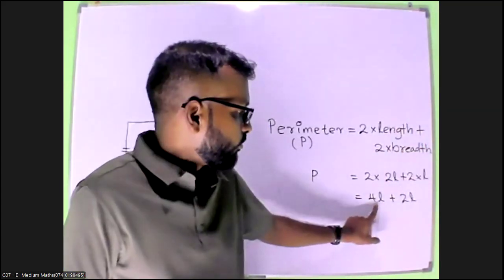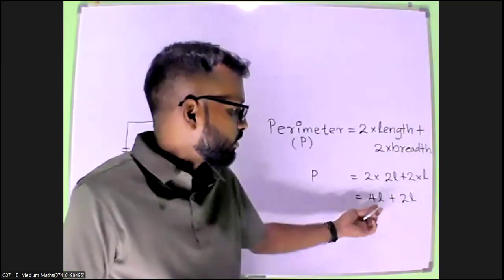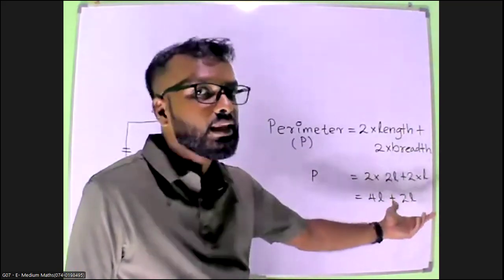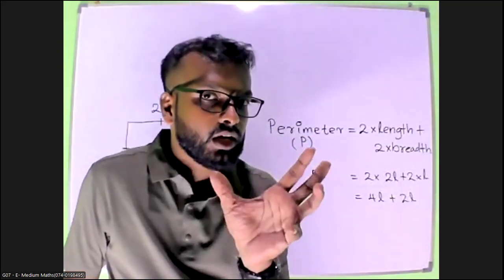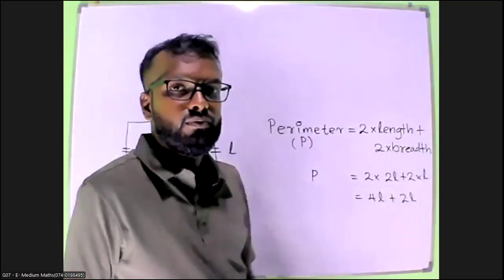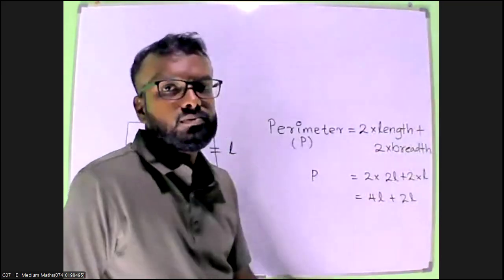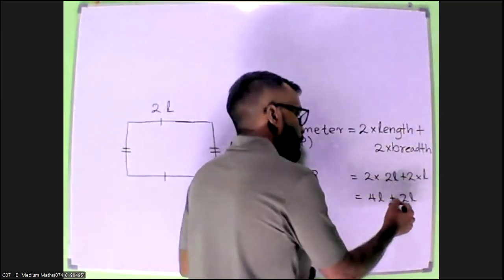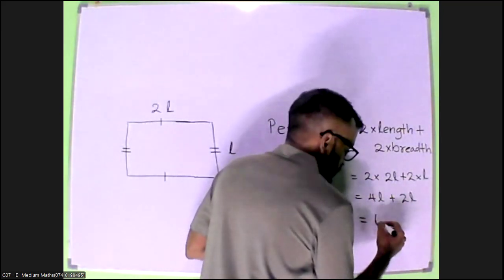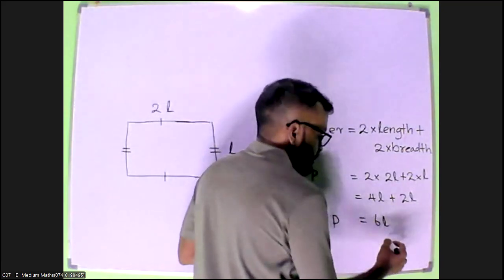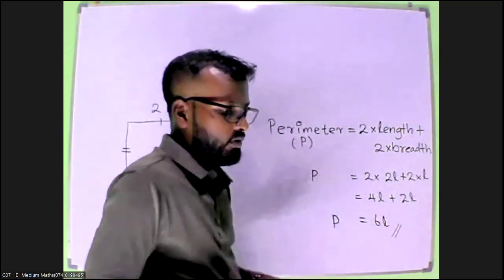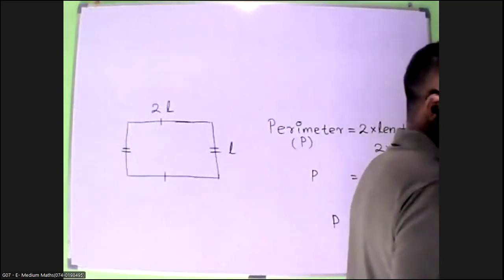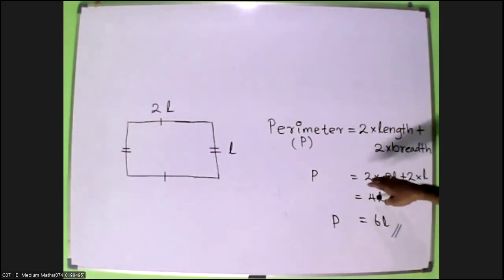Here 4L plus 2L are like terms. 4L's and 2L's. How much? 4 plus 2, 6. 6L. So the perimeter is 6L. So very easy. You are going to do this in this way.